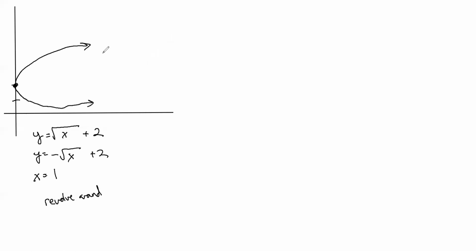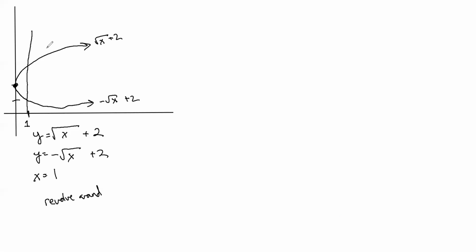So this was the first function, y equals root x plus 2. This is negative root x plus 2. And then we have this line x equals 1, which is a vertical line, specifically this vertical line corresponding to the x equals 1 value.